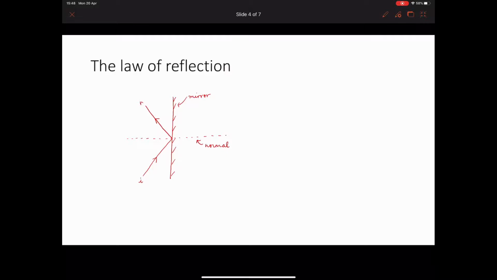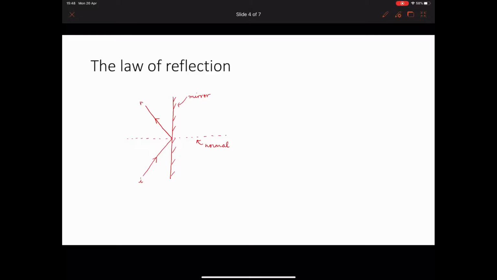One of the most important laws in our waves topic is this one, the law of reflection. So we saw in our last slide that we wanted to set ourselves up with a nice ray diagram. Now we've got our ray diagram, and a question might ask you to find the angle of incidence and also find the angle of reflection.